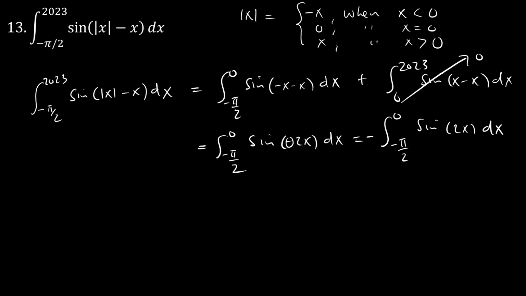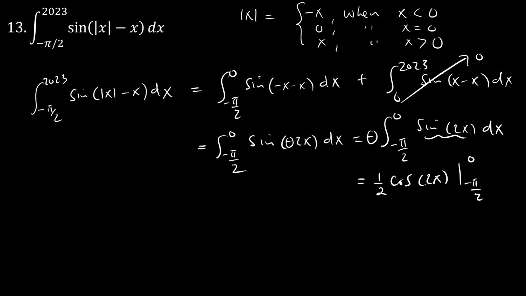And so this negative here means that we have a half cosine of 2x from negative pi over 2 to 0.